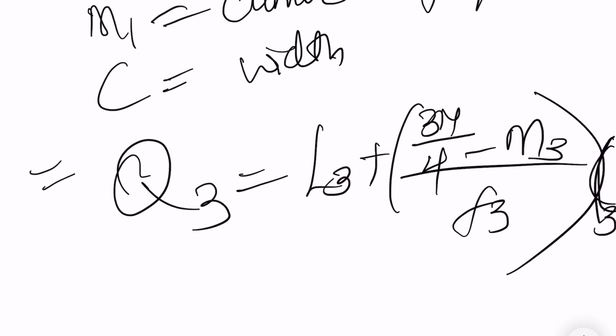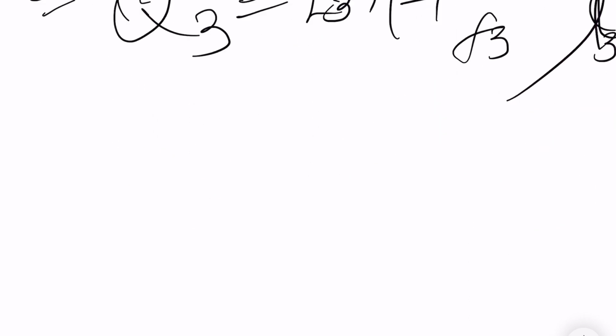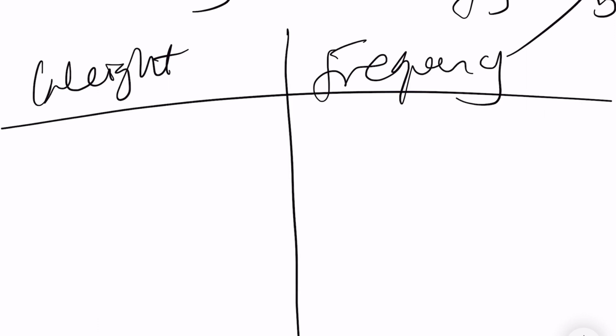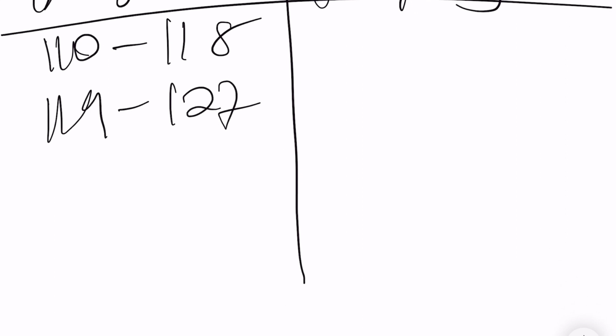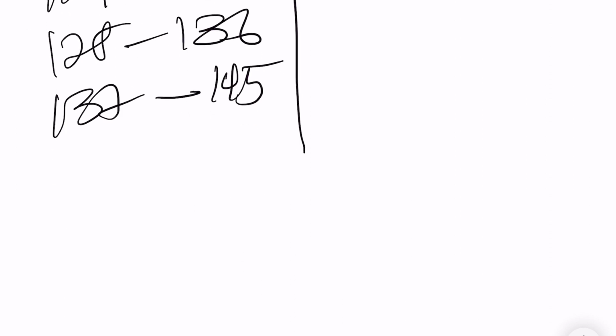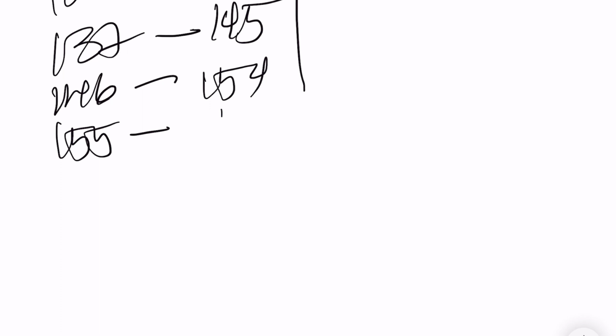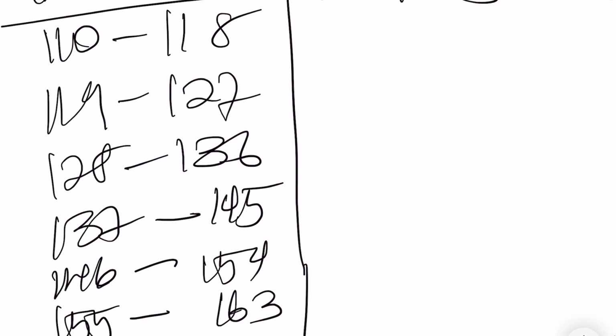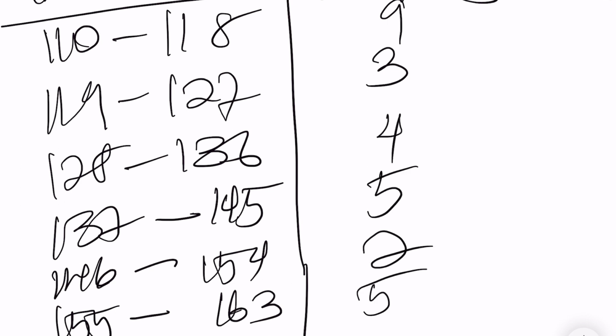We have to prepare the frequency table and find the median. The weights are 100 to 108, 109 to 117, 118 to 126, 127 to 135, 136 to 144, 145 to 153, 154 to 162, and 163 to 171, with frequencies 9, 3, 4, 5, 2, 5, and 12.